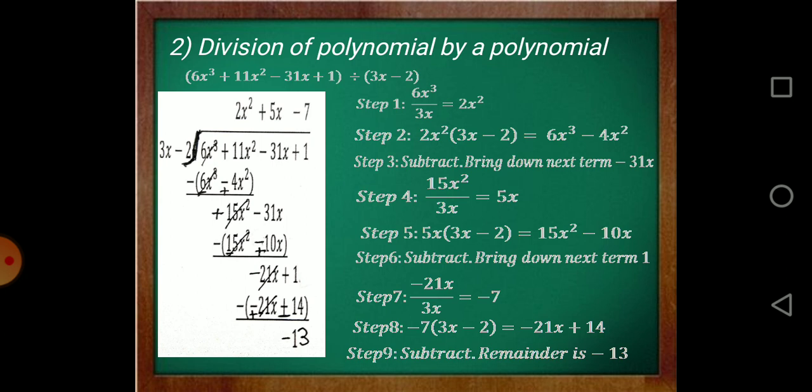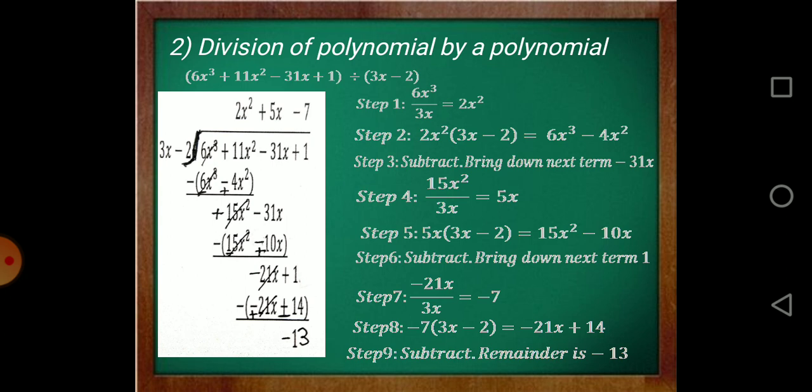Highest degree term of the dividend is divided by highest degree term of the divisor, that is 15x square is divided by 3x. It gives 5x. Then this 5x is multiplied by the divisor 3x minus 2. We get 15x square minus 10x. This is written below the dividend 15x square minus 31x.